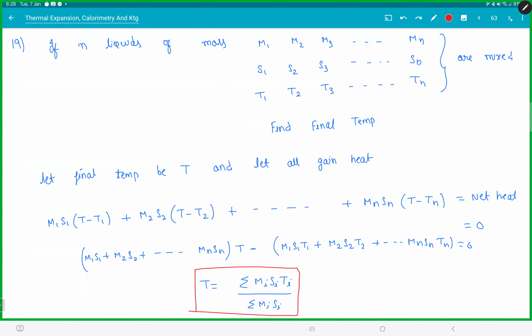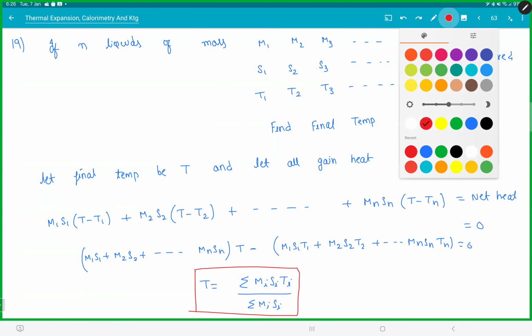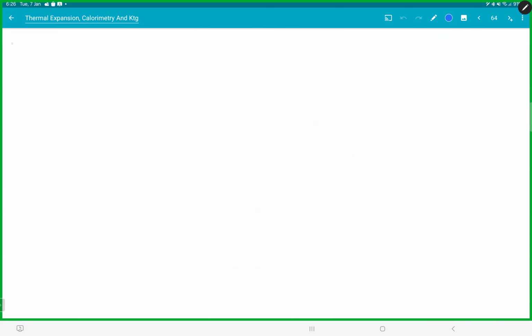Next one. The specific heat S is equal to a T cubed, where a is some constant.